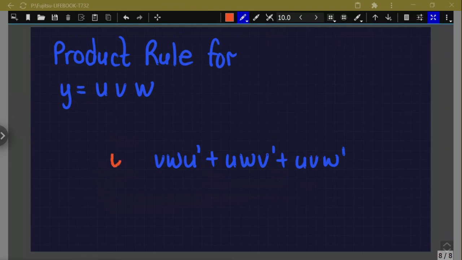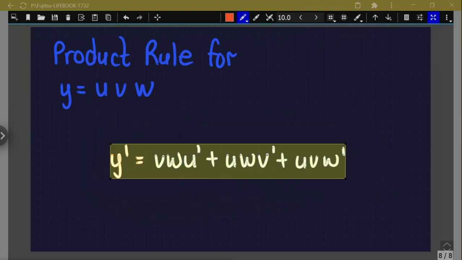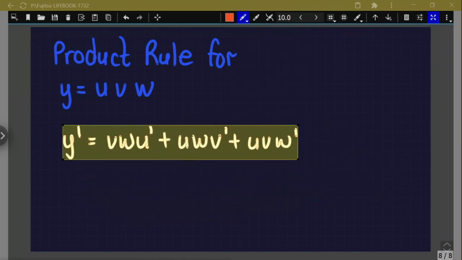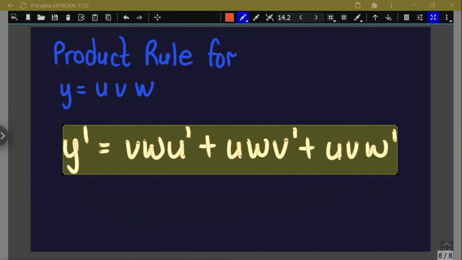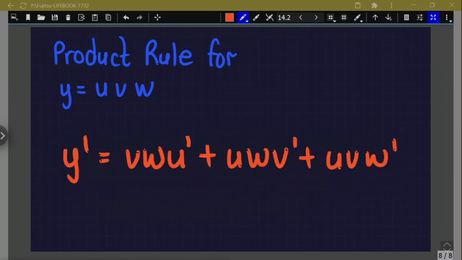So y prime is going to be equal to that. We're going to take everything, make it red because it's important, and make it big. There we go. So the product rule for y equal to uvw would be something like that.